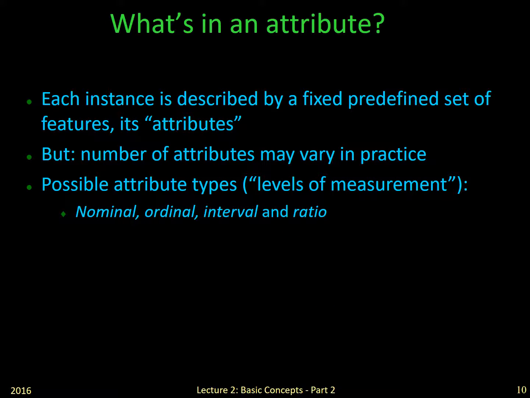An attribute is the trait, the feature that we think is good to represent a problem. So each instance, each example is described by a fixed predefined set of traits or cues or features or attributes.